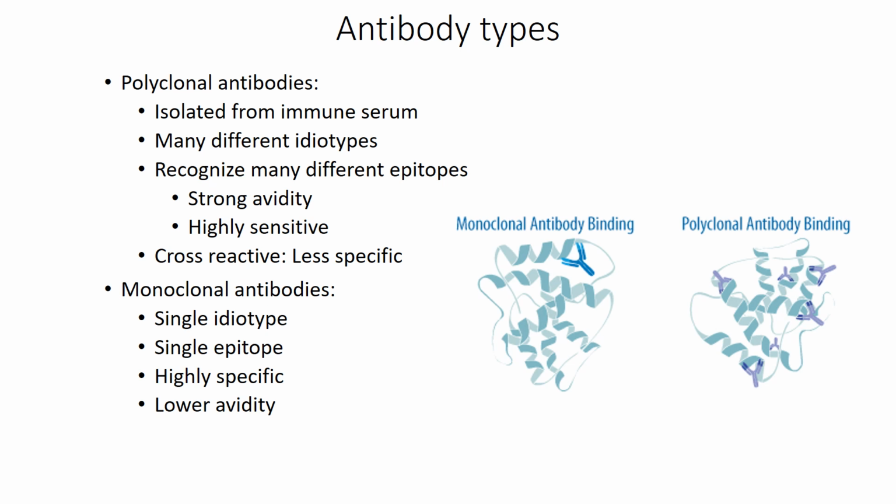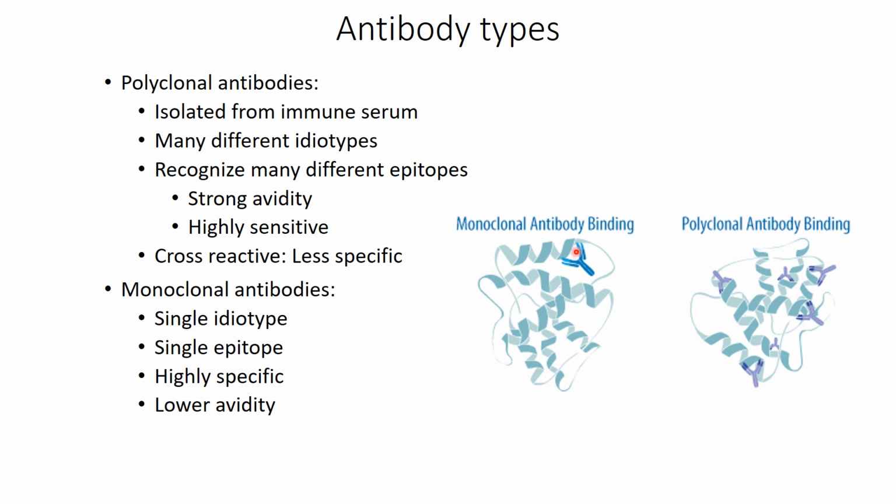However, there are monoclonal antibodies, which have a single idiotype and are highly specific, but they do have lower avidity because they do not form complexes with each other, and so their binding strength is just at the affinity level, not at the avidity level.